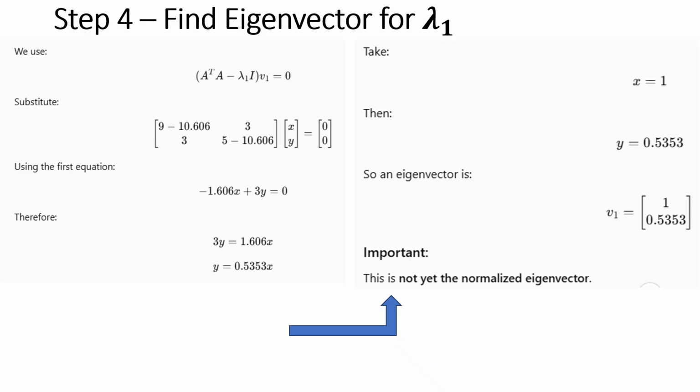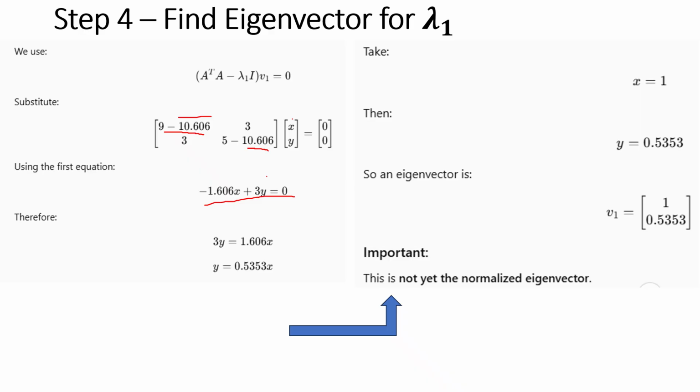Instead of lambda, we substitute the first eigenvalue, so 9 minus 10.606 and 5 minus 10.606. 9 minus 10.606 gives you minus 1.606. Perform the matrix multiplication: take the first row and multiply it with x and y. You will get an equation like this: minus 1.606x plus 3y is equal to 0.